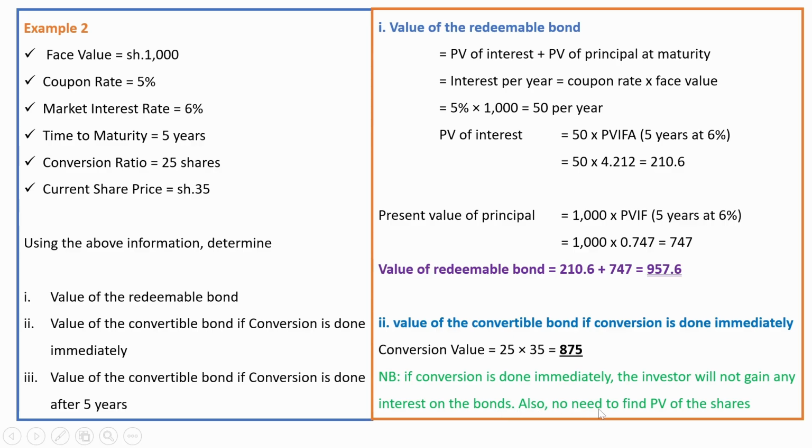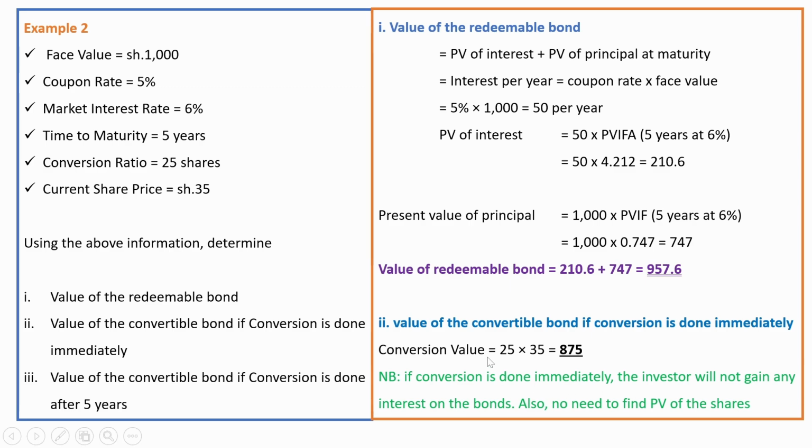Also, no need to find present value of the shares because you are converting at the current time. We don't find the present value of the shares, and we don't add any interest on the bond.